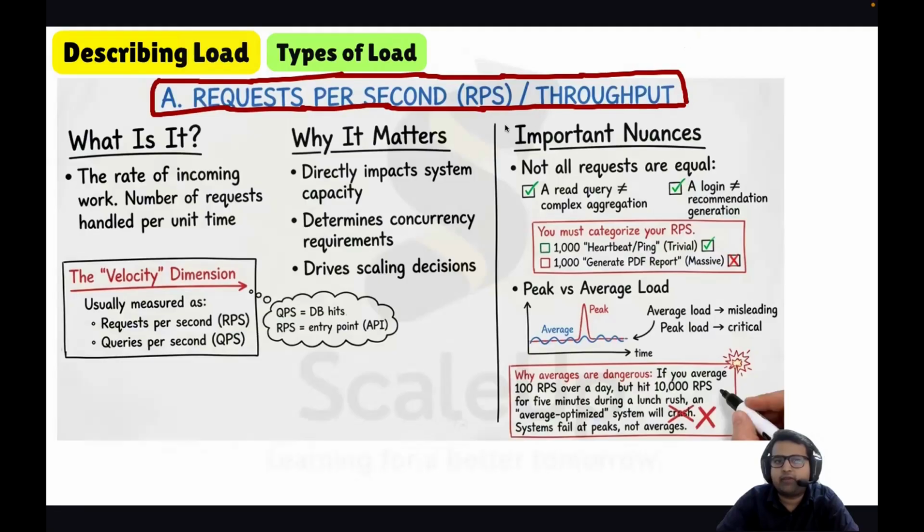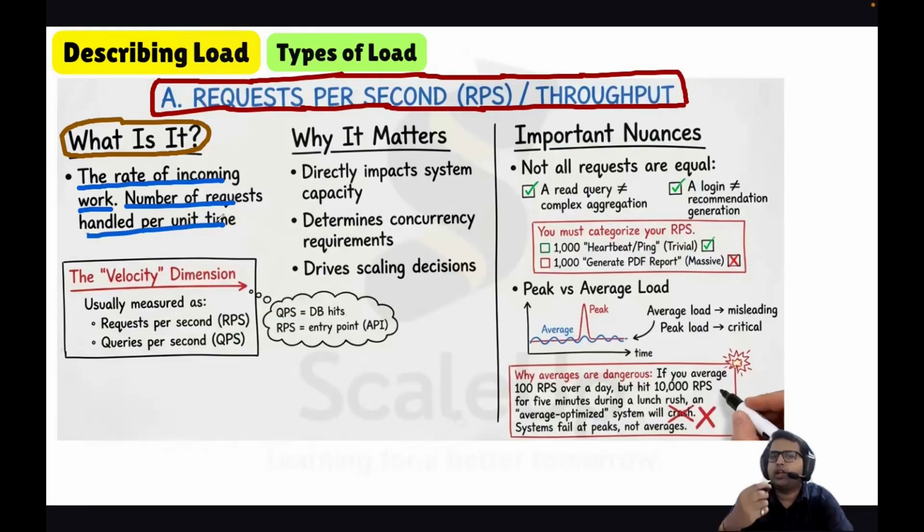First let us understand what requests per second is. It is the rate of incoming work, that is, the number of requests handled per unit time.